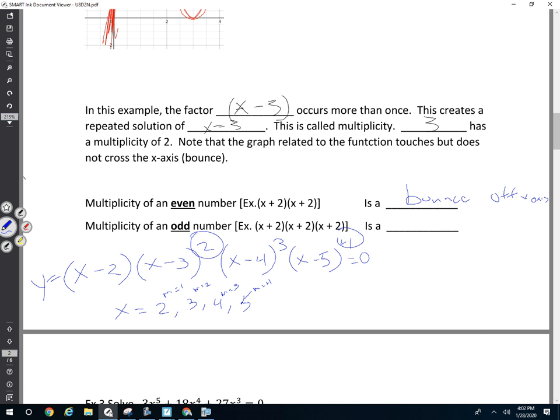If your multiplicity is odd, and your multiplicity is 1, which is an odd number, you're just going to go through. But if your multiplicity is 3 or 5 or 7 or any other odd number, you're going to end up slowing down and bending through the x-axis.